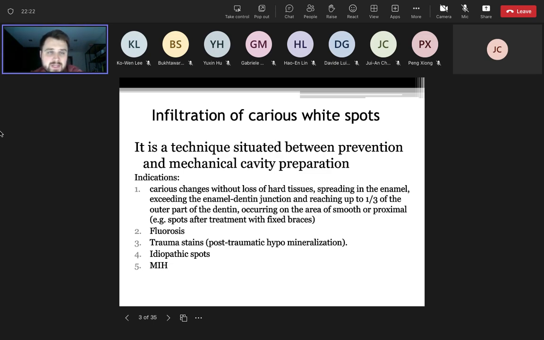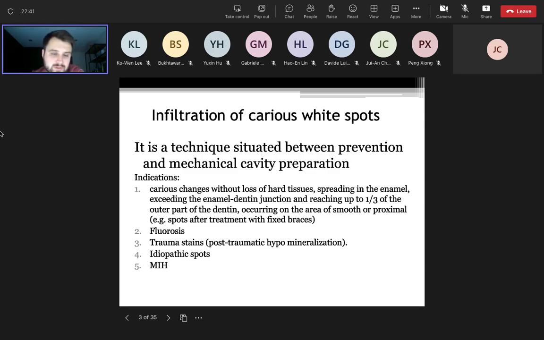If we take X-rays and see that the caries is in the external 1/3 of the dentin, we can also try to do the infiltration.